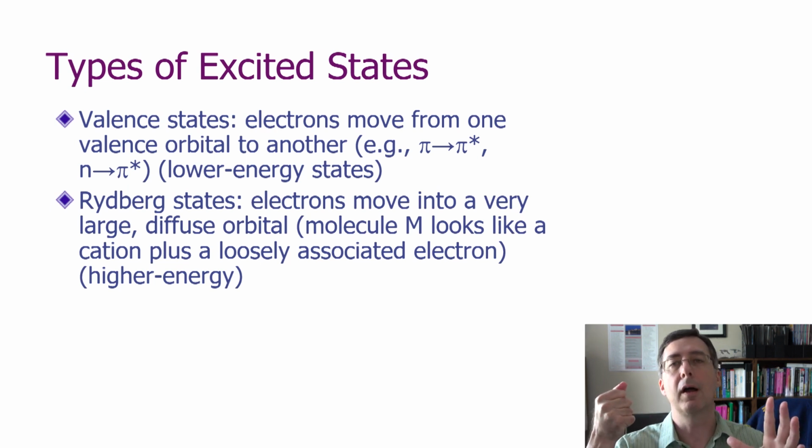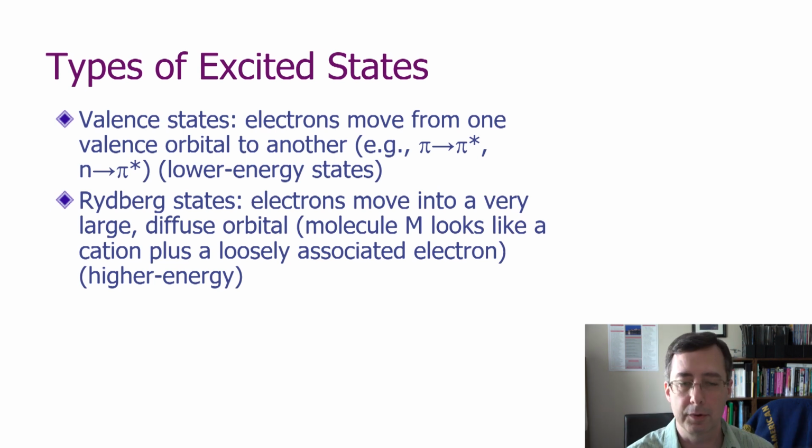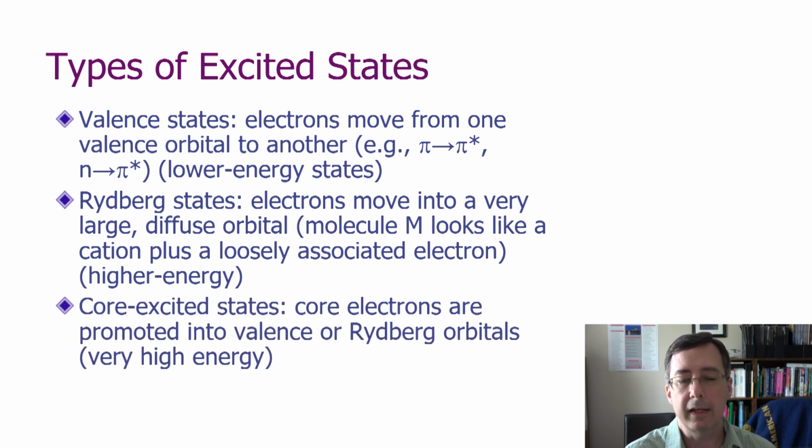I've almost ripped it off, but not quite. It kind of hangs around out on the outskirts of the molecule. Those can be a little bit higher energy than some of the valence states. And I can have core excited states, which are the highest energy states, where I rip out a core electron and move it either into a Rydberg level or a valence level.